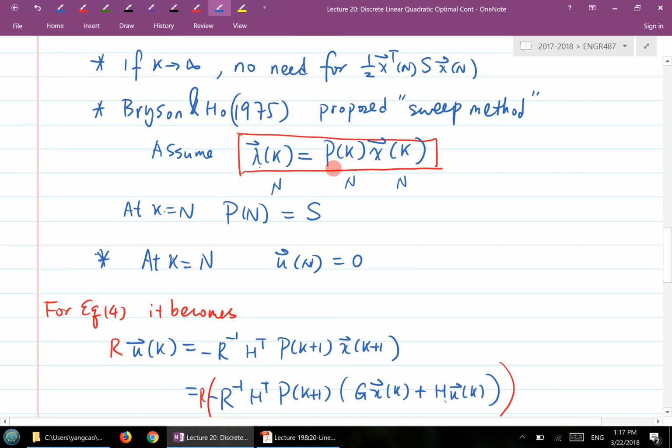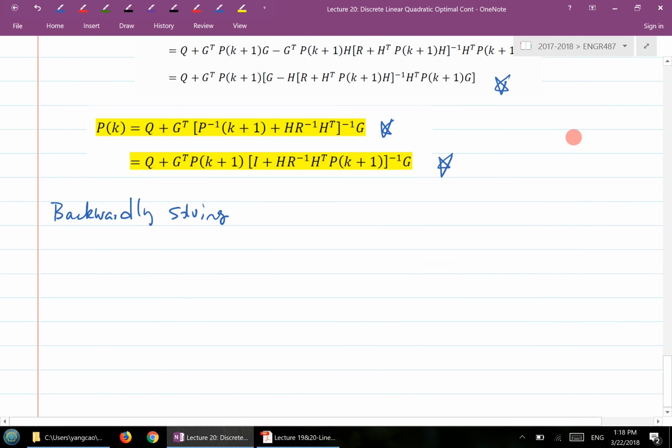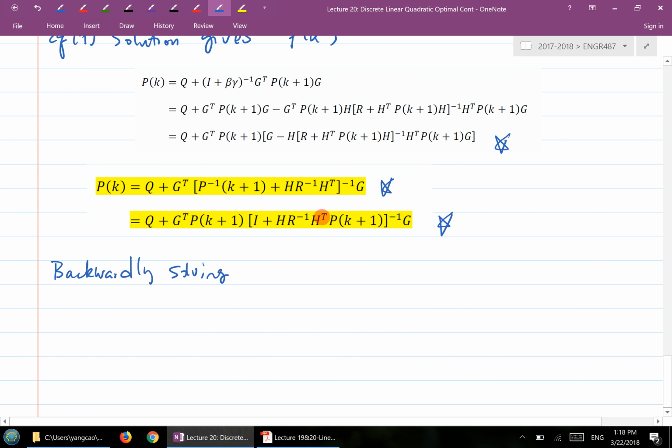When you use the sweep method, it means at k equal to the last step, the matrix P, which is the solution of the Riccati equation, P of n should be the same as the weighting matrix S, right? For any of these equations here, we solve it backwardly. So here is the last step, P of n equal to S, right?